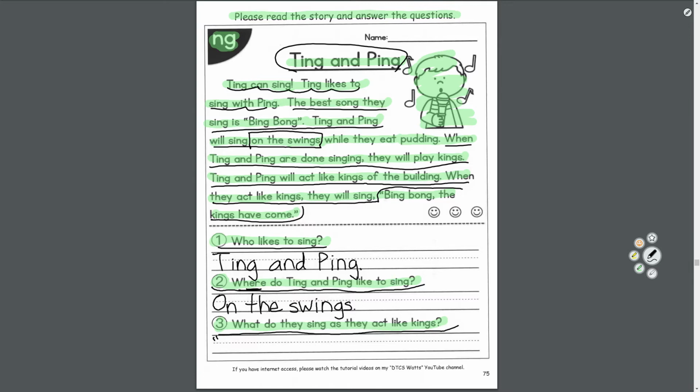Bing Bong, comma, the kings have come. Period, quotations. Hopefully you can fit that in there. Usually with a pencil, you can write a little bit smaller. Okay, math time.